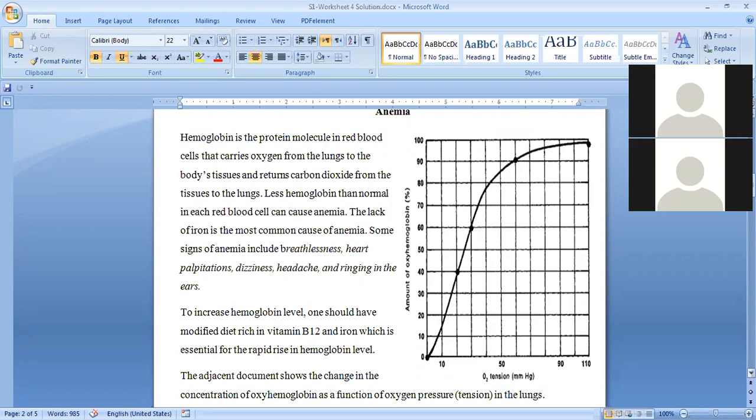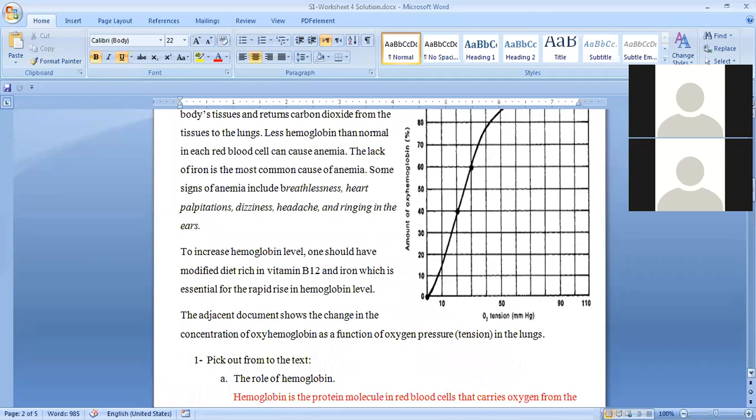As the tension increases, it reaches 20 millimeter Hg, until it reaches 110. As it increases from 0 to 110, the percentage of oxyhemoglobin increases from 0 to about 99, let's say 99%. Okay, thank you.